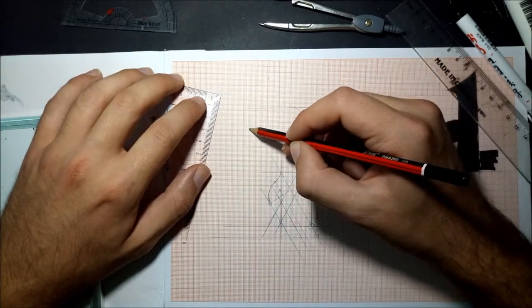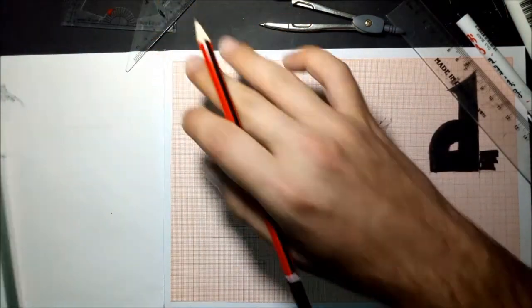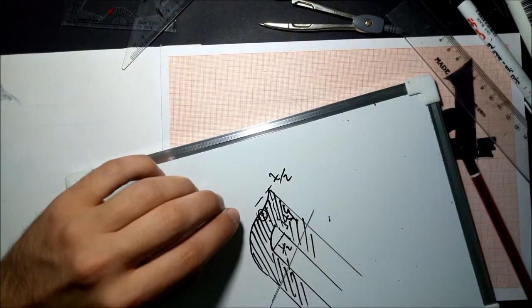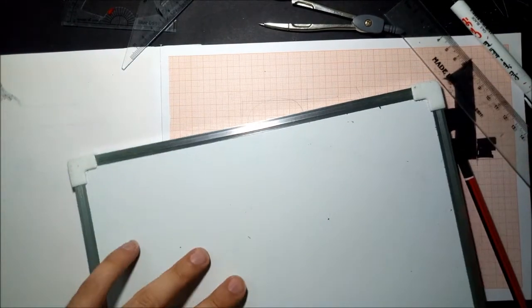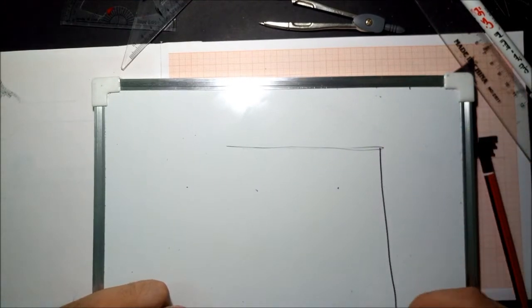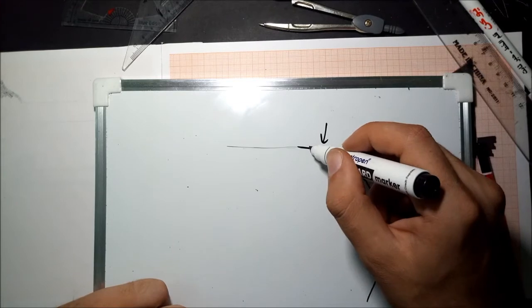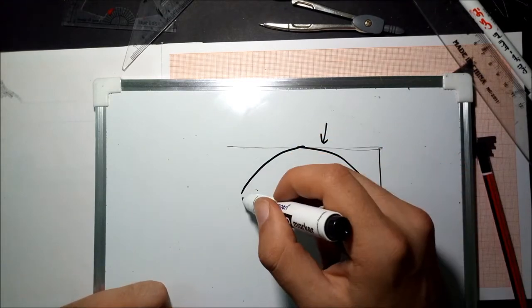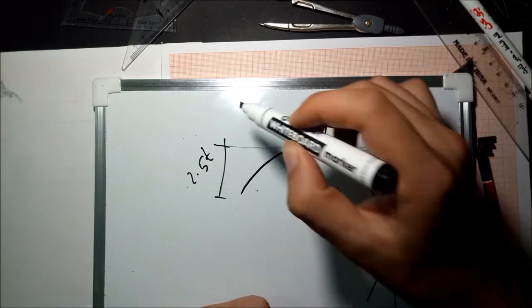Now the end will be 2.5t. At the end that we were talking about, that will look something like this. So this is the maximum height. We've got our line coming from this way. It touches the upper edge, then it rotates, then comes back. Now the maximum drop here would be 2.5t.